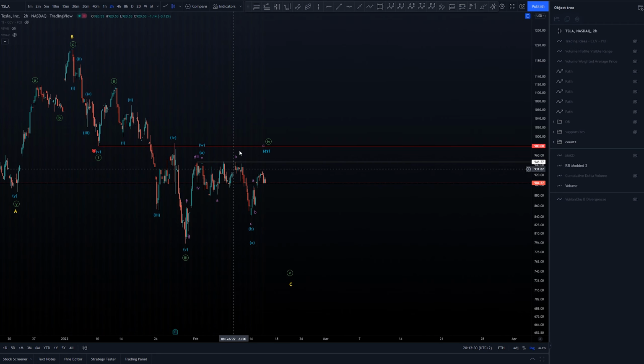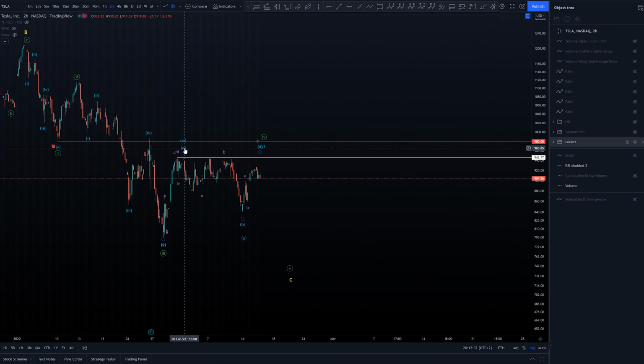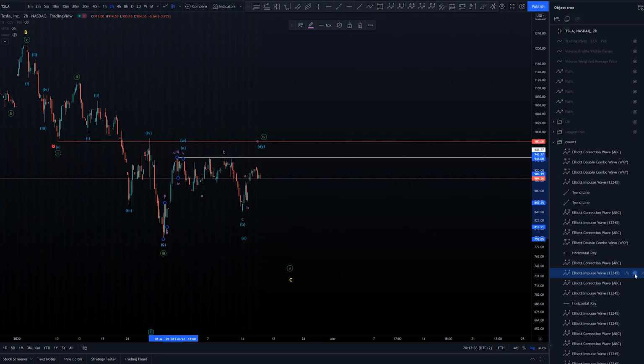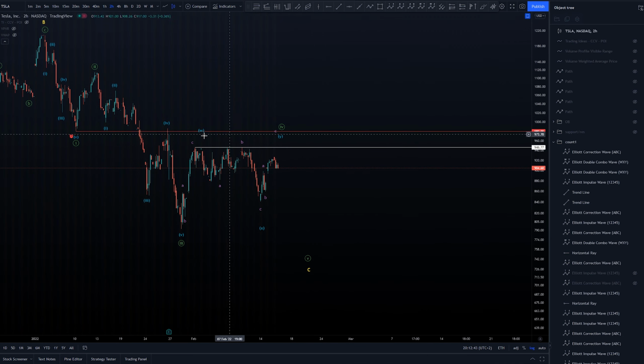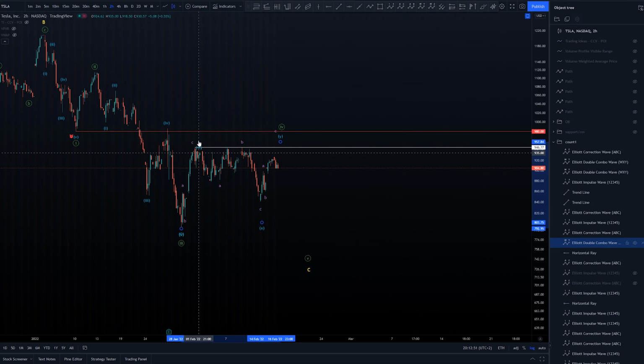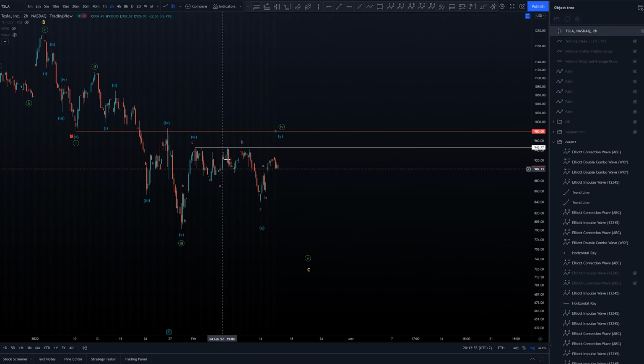So then is another very nice looking correction part here, so up to the fourth. So here's the end of one, which is the invalidation for the fourth. I labeled it like so. I think this is the best one I managed to get here. ABC, ABC, and ABC.